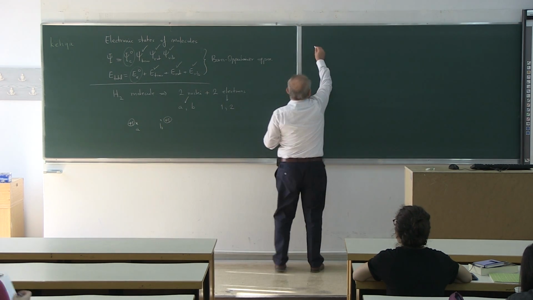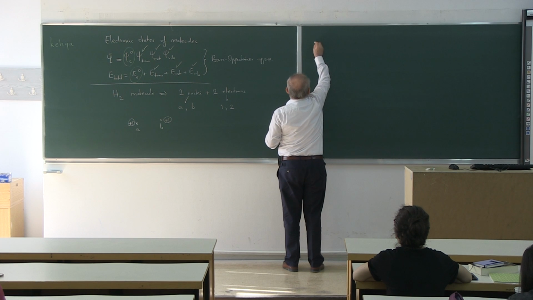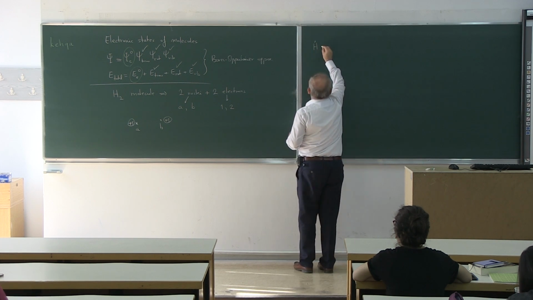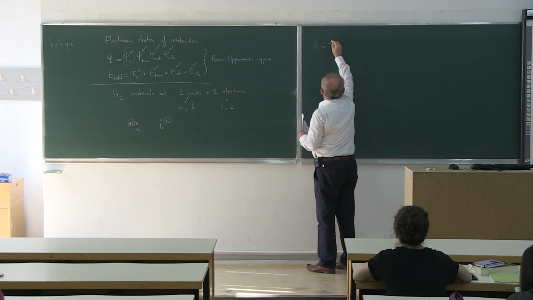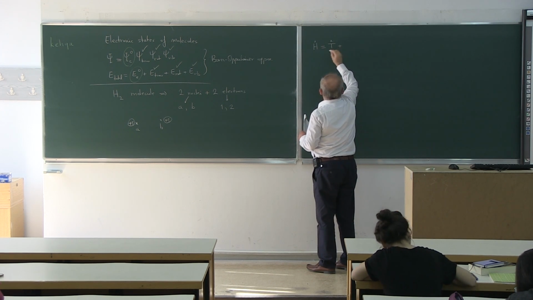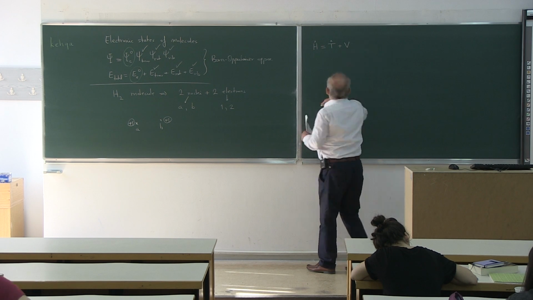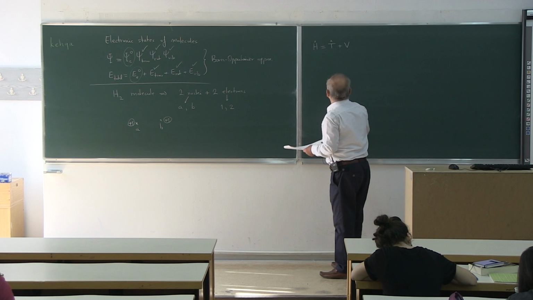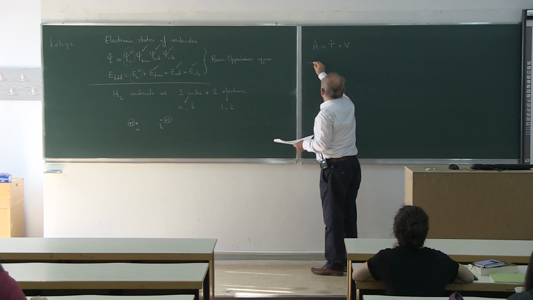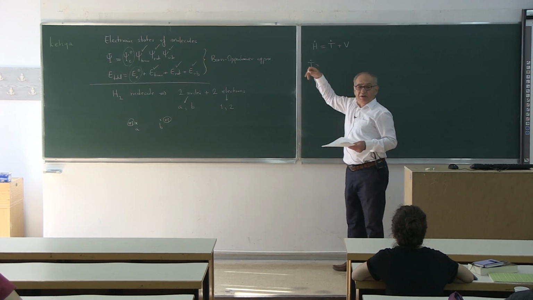Now, the Hamiltonian for any molecule is the kinetic energy of the electrons plus the Coulomb interaction energy. Kinetic energy, this is the electronic kinetic energy.